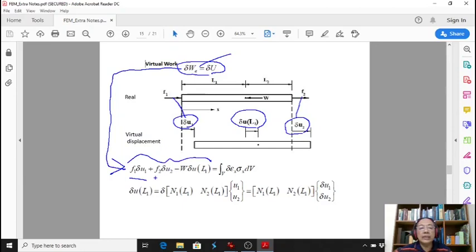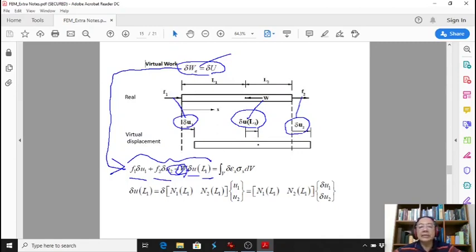Plus W times virtual U function of L1. We put minus here because the direction of W and the direction of virtual U of L1 are opposite.